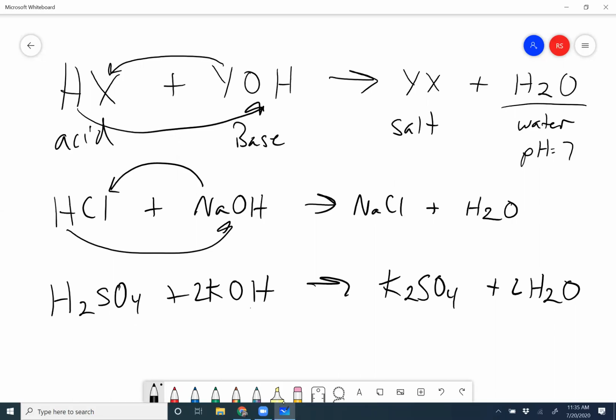Arrhenius acid-base neutralizations. Bronsted-Lowry acid-base neutralizations, you'll see in the text. Again, if we're talking about Arrhenius acid and Arrhenius base, you might be talking about hydrochloric acid reacting with ammonia.